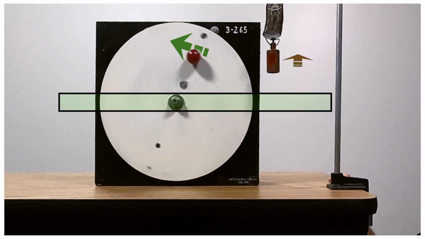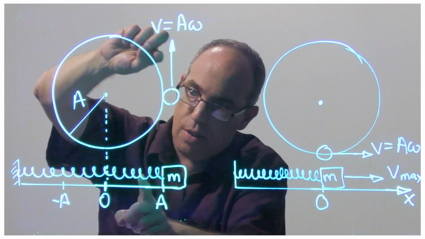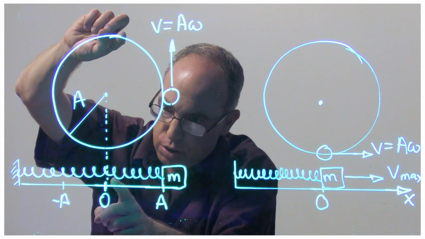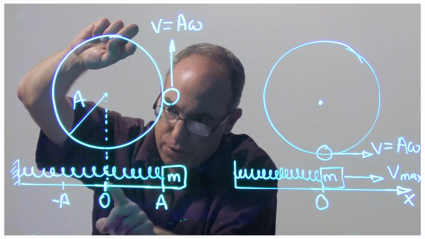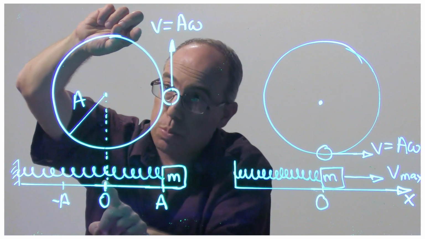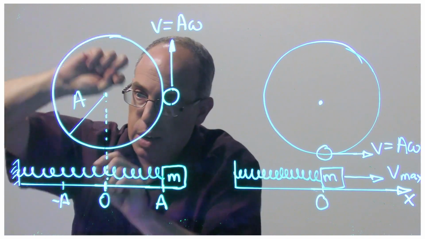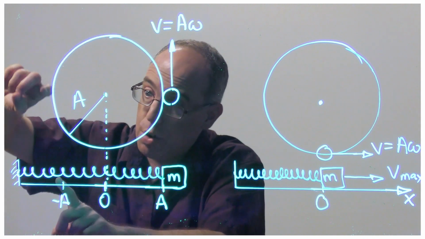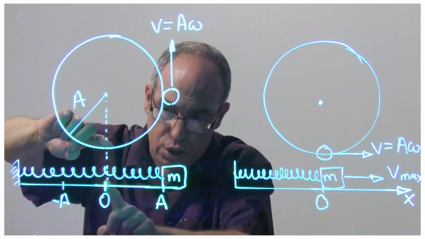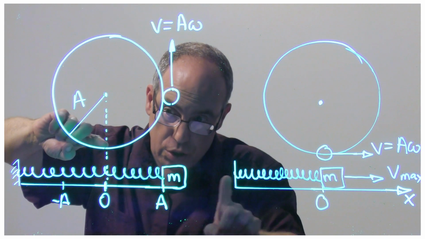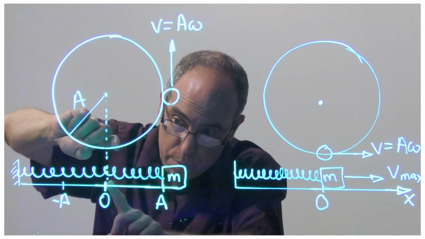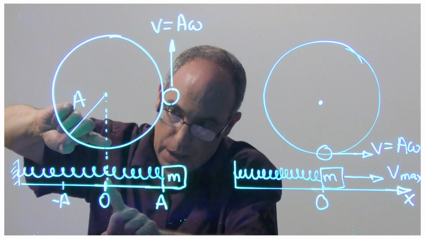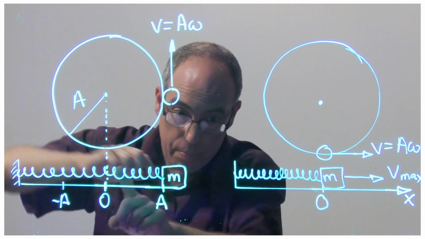So if we look at that cycle, we have one moment right here where the mass on the spring is going through its resting position going to the left, where the velocity of the mass on the spring and the velocity of the mass making the circle exactly match. And then we have another moment later on where the mass on the spring is going through its resting position rightward. At that moment, the velocity of the mass on the spring and the velocity of the mass making the circle exactly match.